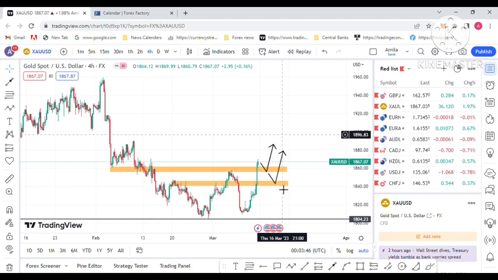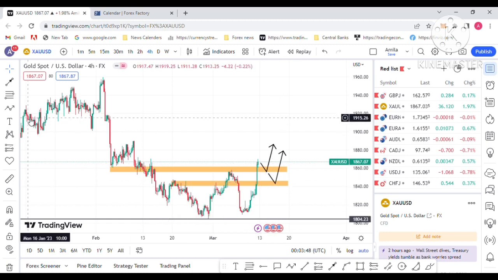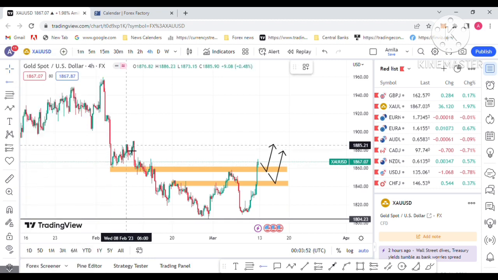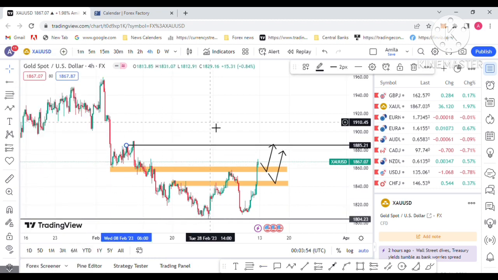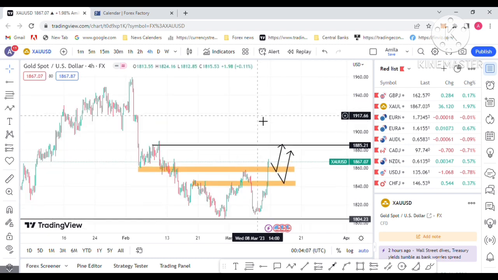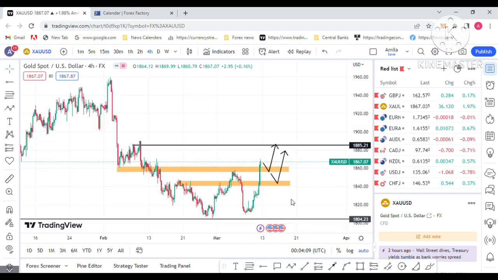There's a pattern like this, a famous Kosimoto pattern, with the Kosimoto buy level below. This is the target 1880, and you should forecast CPI data next week, economic data, for the gold trade as well. These are my two forecasts for gold retracement and buy. You have a buy opportunity next week.